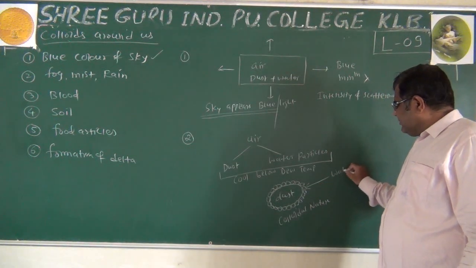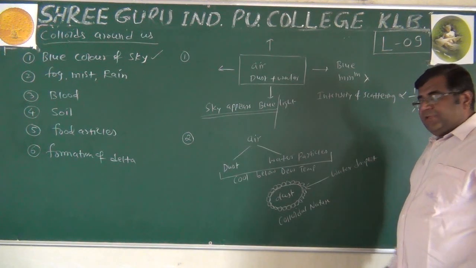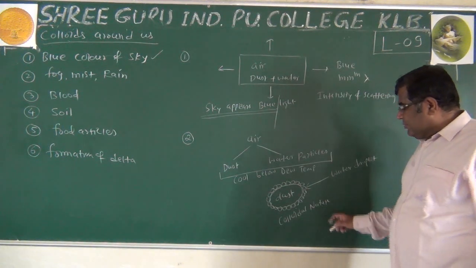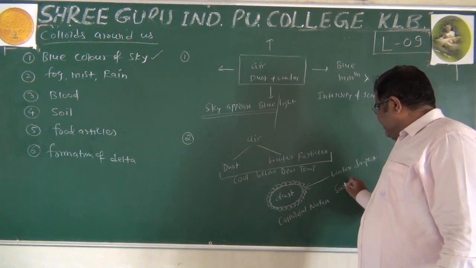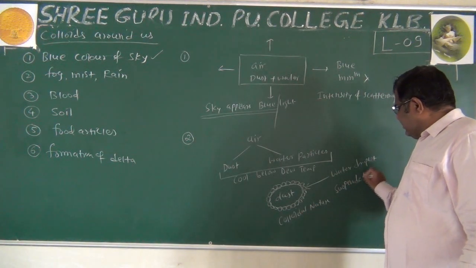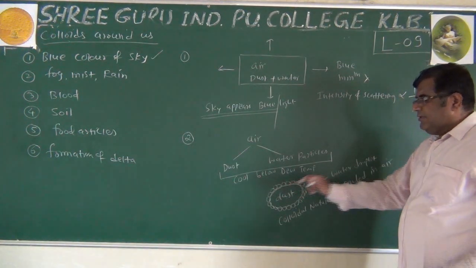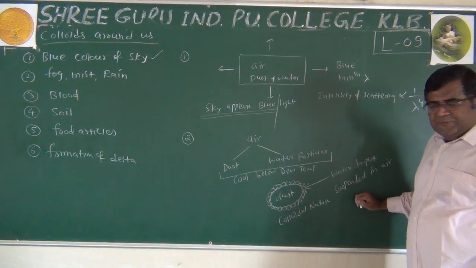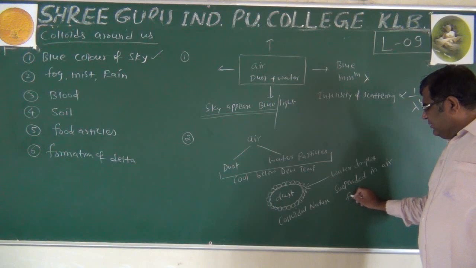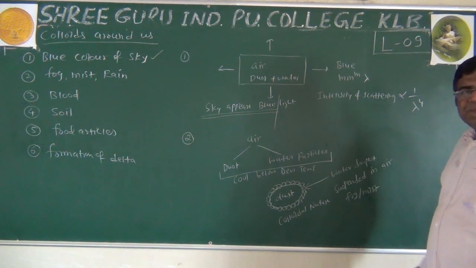This is a water droplet, and this is colloidal in nature, and they are suspended in air. Once they are suspended in air with these water particles accumulated on the surface of the dust particles, there is formation of either fog or mist.